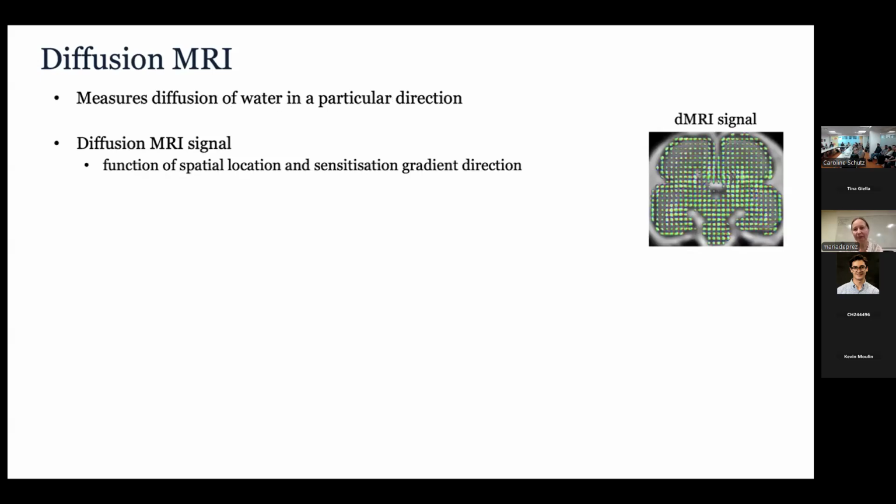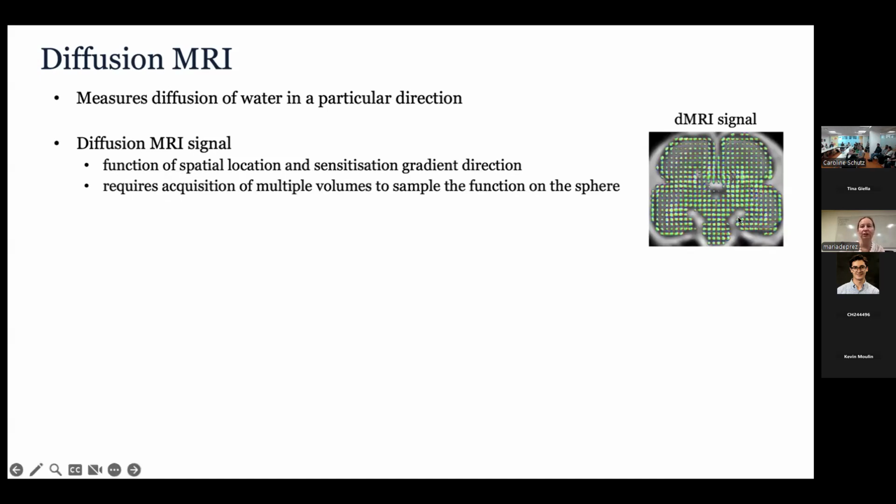So I have a little bit of introduction to diffusion MRI, which might be redundant here. I'm not exactly sure, but basically diffusion measures the diffusion of water in a particular direction, and the diffusion signal can be understood as a function of spatial location and sensitization gradient. So it's a function on a sphere, and here you can see an example of the diffusion signal.